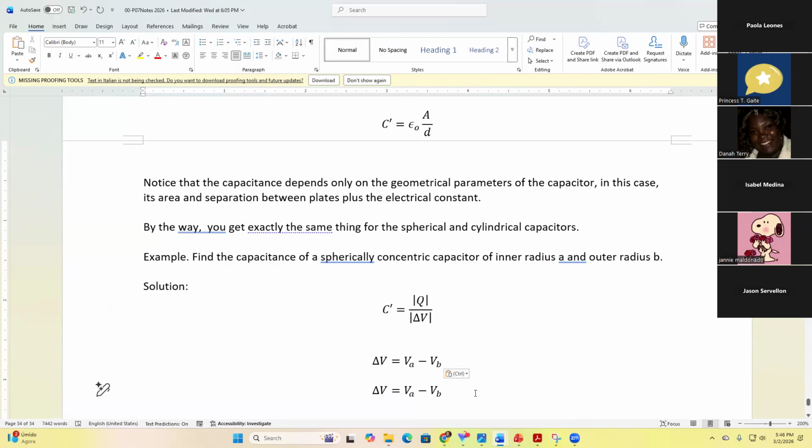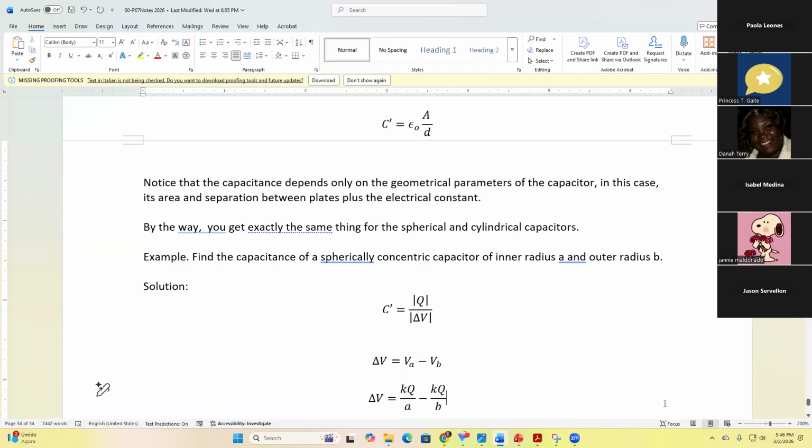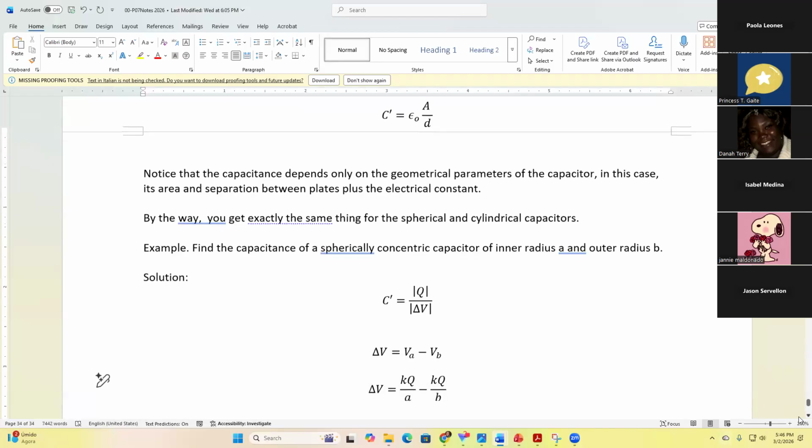Okay? The VA is going to be given by what? The point charge, right? KQ divided by A, minus KQ divided by B, right? Note, see that we have common terms.